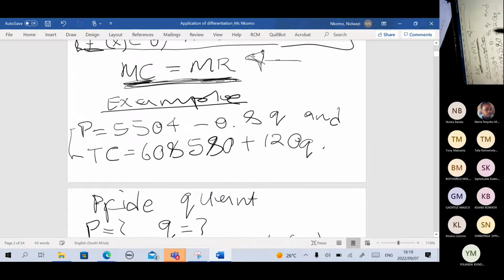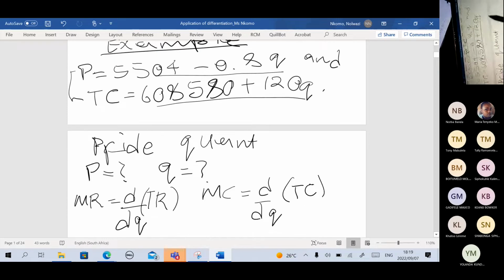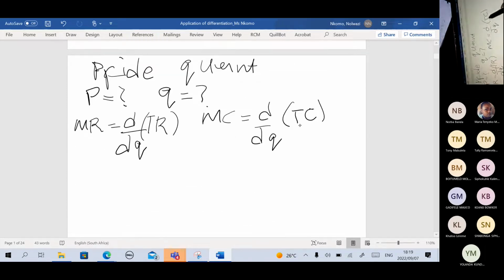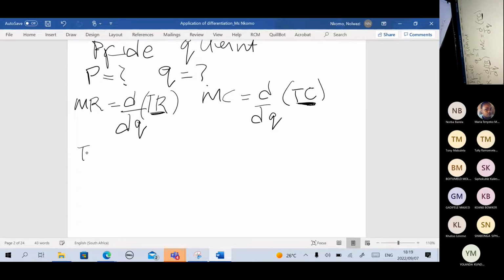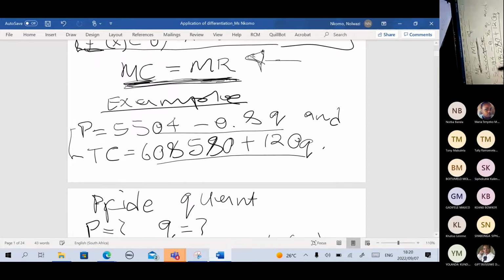But here we are given the total cost and the demand function, so we only have the total cost. We don't know the total revenue, but we know that the total revenue is equal to the demand function times the quantity, which is just PQ. And P, the demand in this case, is equal to this function.